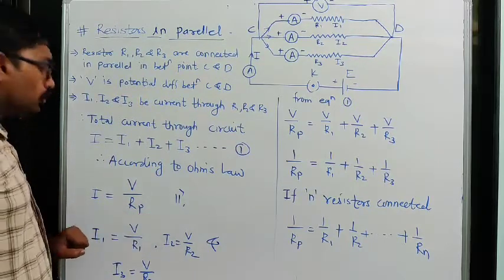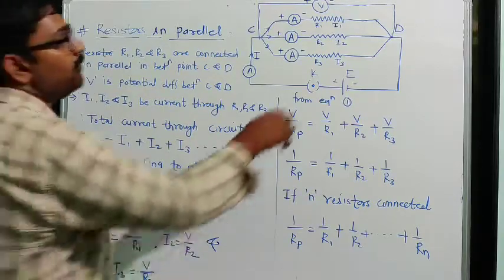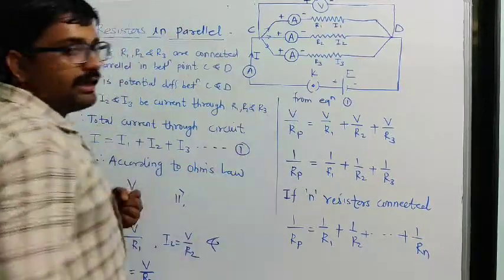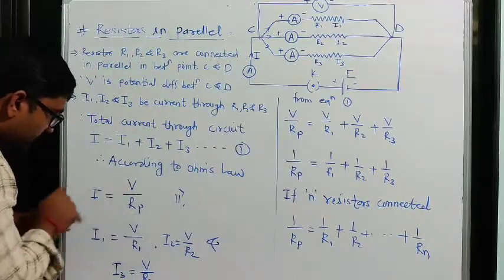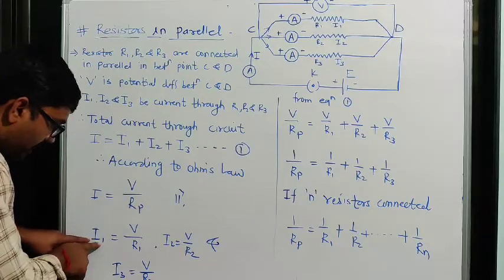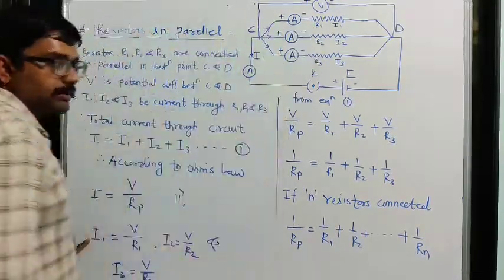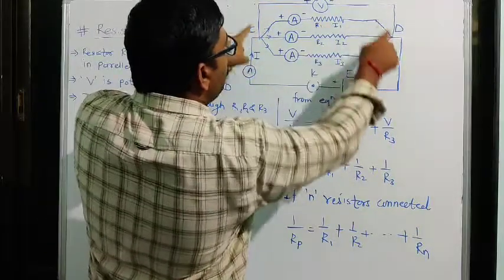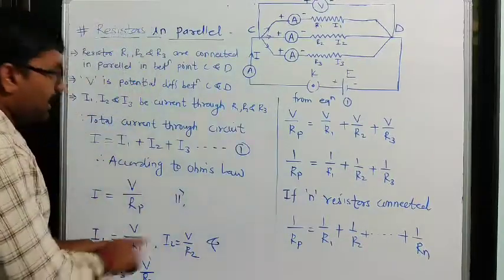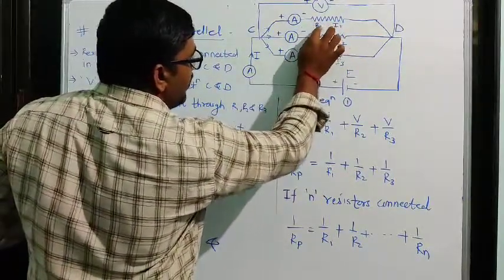Now by using this relation we can calculate the value of I1, I2 and I3 over here. By using this analogy we can say that I1, the current flowing through resistor R1, will be equal to this potential difference V divided by the resistance of the first resistor R1.